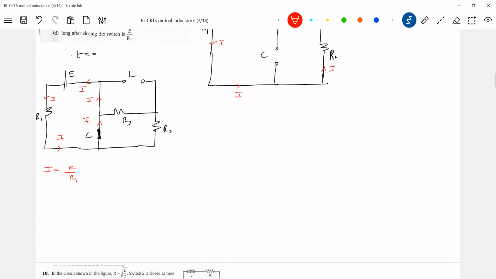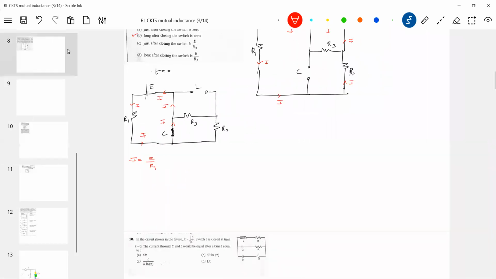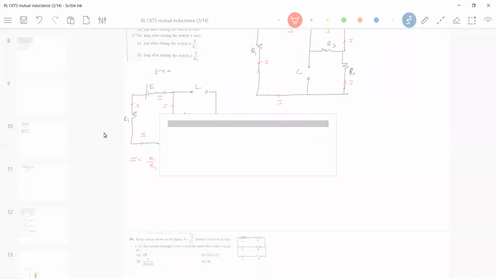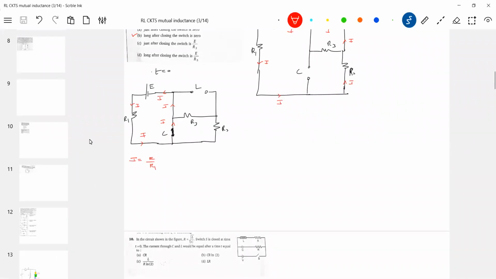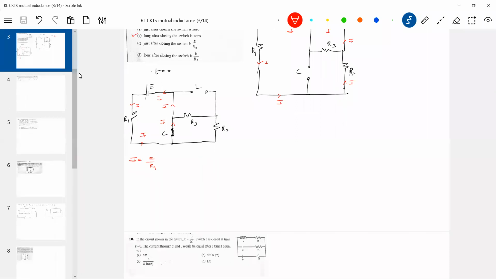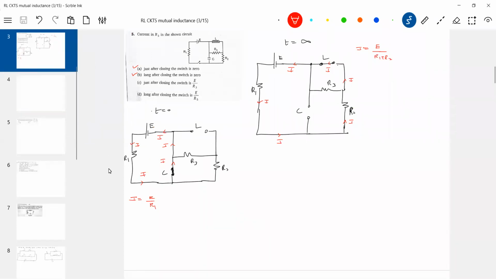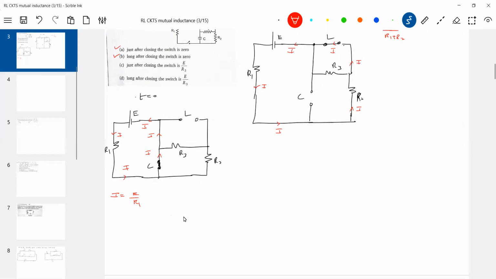I'll give one more question. Then we'll wind up numericals of this kind. Take the question, I'll draw the diagram.